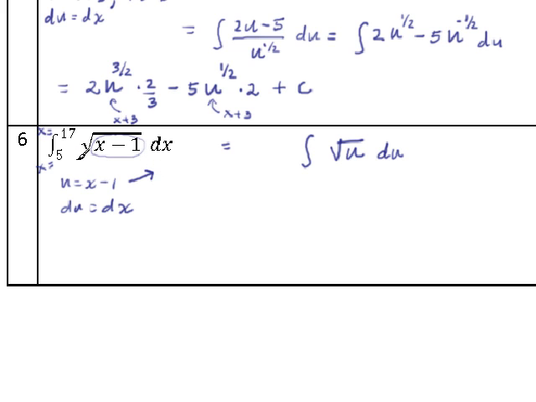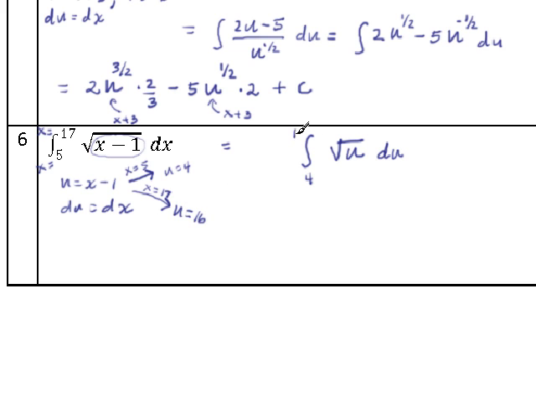Okay, so let's do that. When x is equal to 5, just substitute the 5 into here, 5 minus 1, and we have u is equal to 4. So this will be a 4 here. And now when x is equal to 17, u is equal to 16.